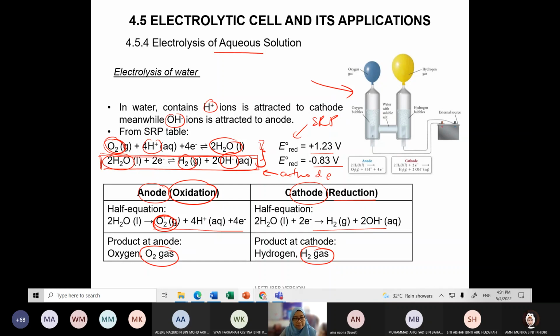Okay, this one sepatutnya dekat anode kan? But this is in reduction form. Maksud nampak tak? Dia accept electron. But for oxidation, you kena make sure the electrons stay on the product side. Dia mesti duduk dekat product side.